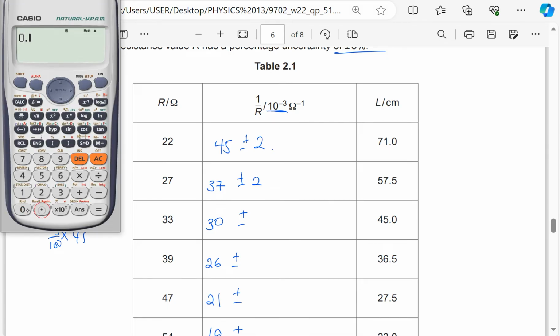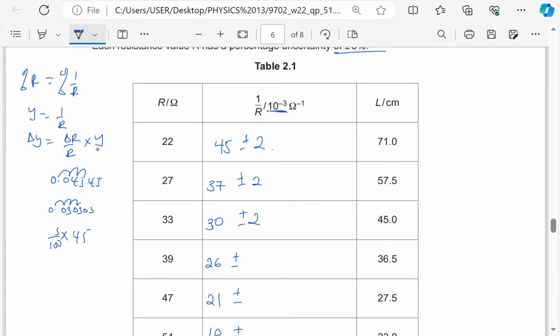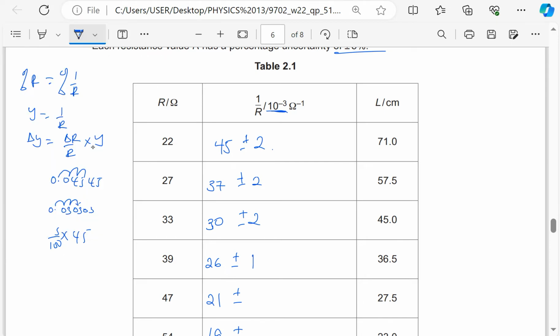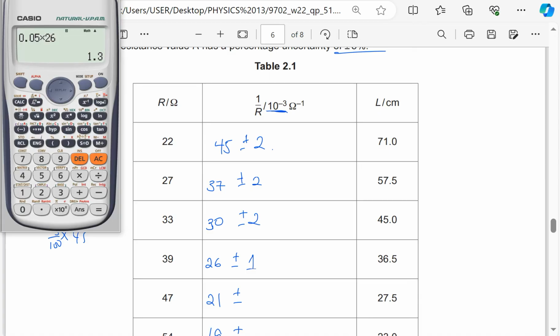Then we have 0.05 times 30. This is going to be plus or minus 2. The next one is 5 over 100, then times 26. So this is going to be plus or minus 1. The next is 0.05 times 21.